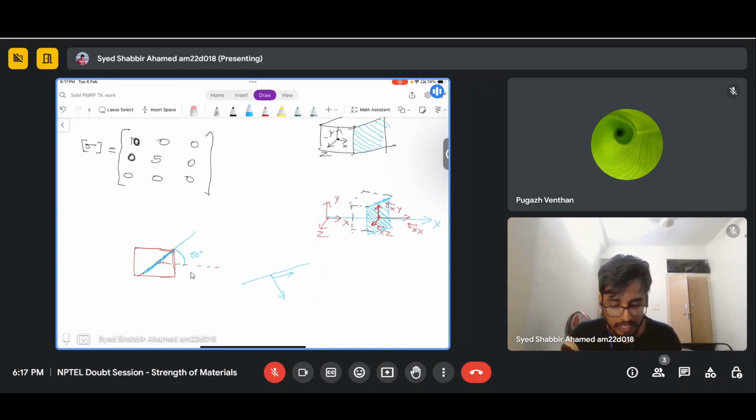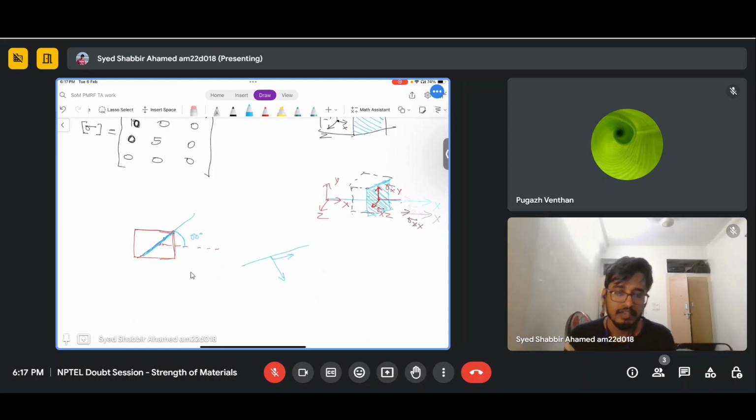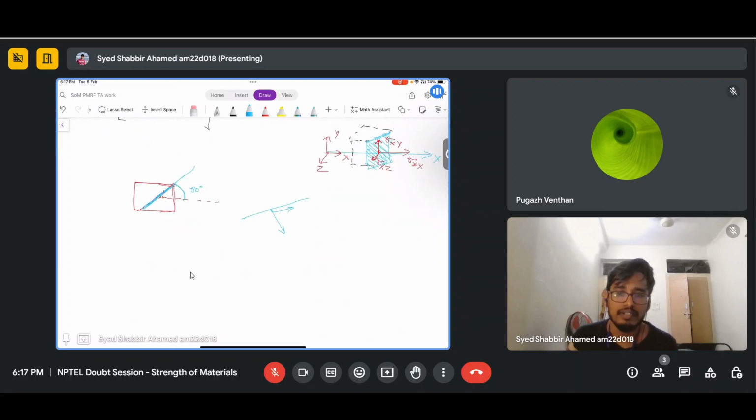To do that, first I have to find out what the normal is. We have the concept of direction cosines for getting the normals.